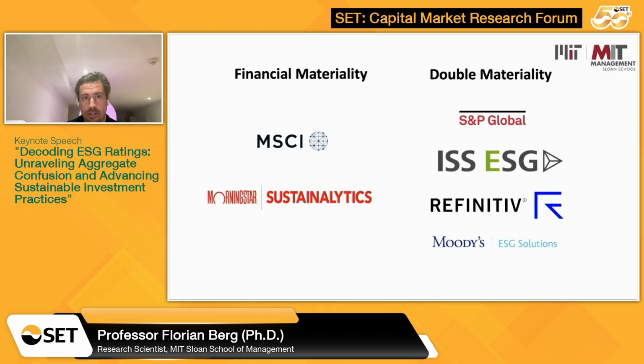They had a double materiality approach, but became financial material. The others, S&P Global, ISS, Refinitiv, and Moody's, follow more a double materiality approach, also because they were all European. It's really also philosophically a difference: the US financial material and Europe double material.